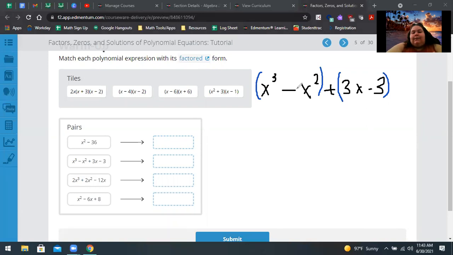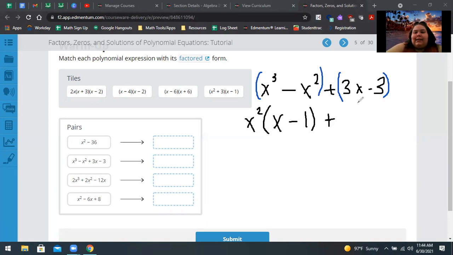Within the first set of parentheses, what can I factor out from both? Looking at x cubed minus x squared, I can factor out at most an x squared. This one originally had x cubed, now it goes down to x, minus, and if I took out the whole x squared, you represent that by 1. Then we have our plus sign.